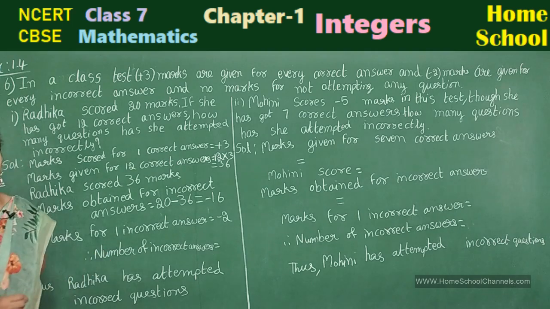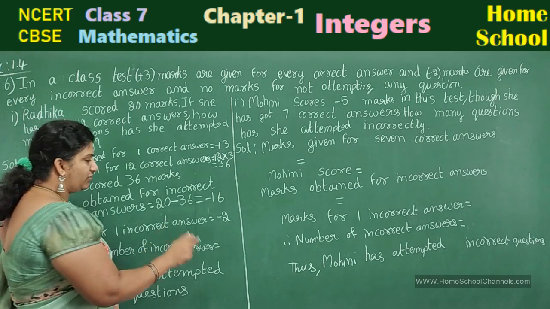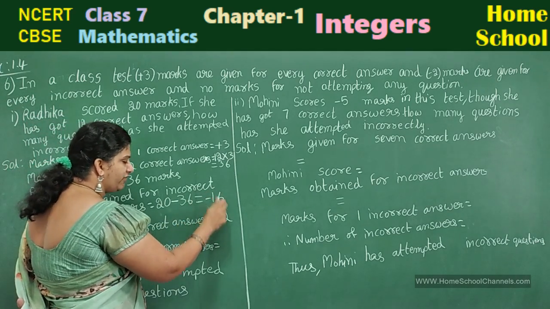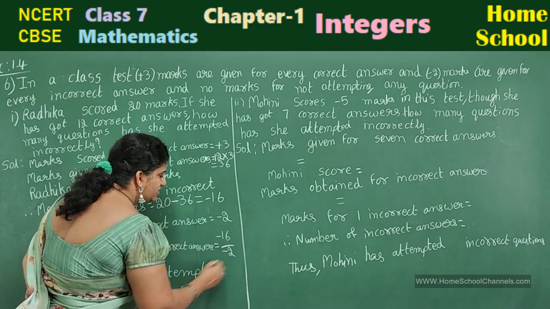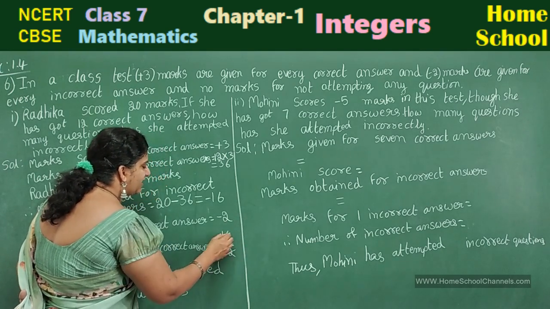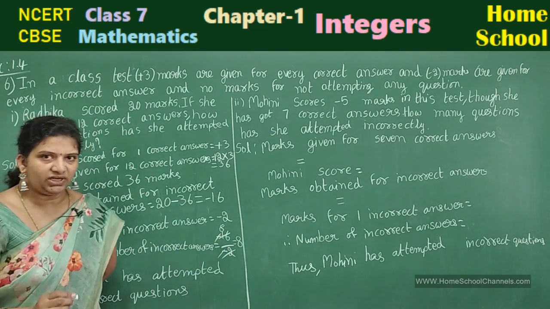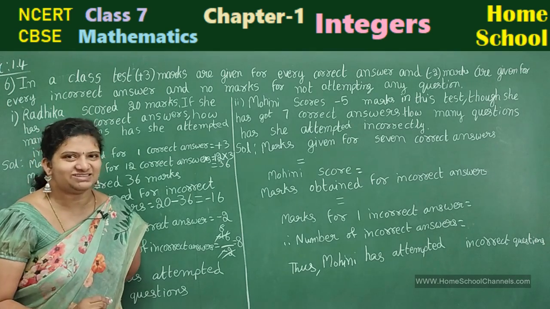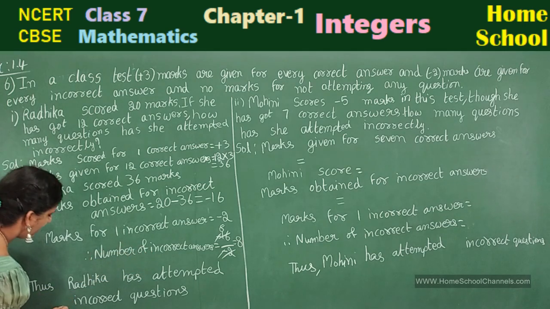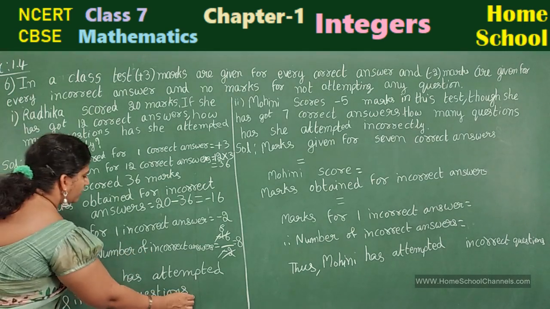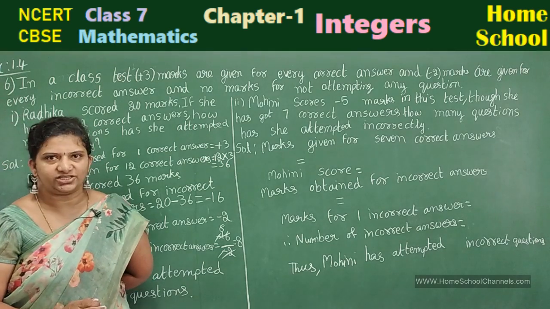Therefore, we need to find the number of incorrect answers. That means total marks scored for incorrect is minus 16. Every incorrect answer is minus 2. Divide, minus minus cancel, 8. Radhika has attempted 8 incorrect answers. Thus, Radhika has attempted 8 incorrect questions.